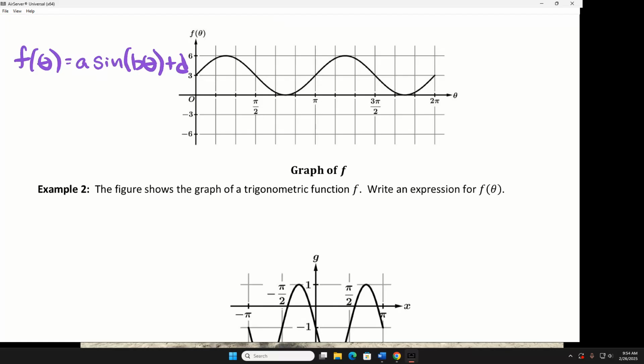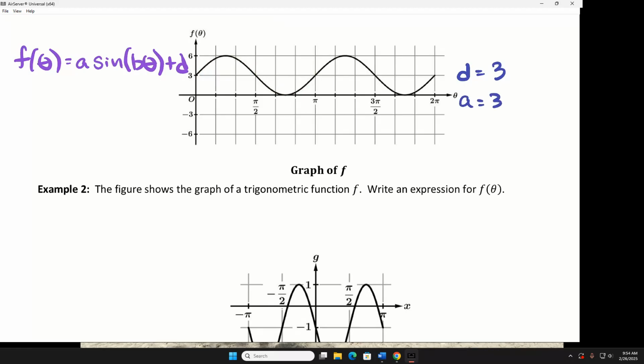All right, so D is definitely the midline, which is 3. A is going to be positive something because it does look like the correct right side up sine graph. So what do you guys think A is? 3.